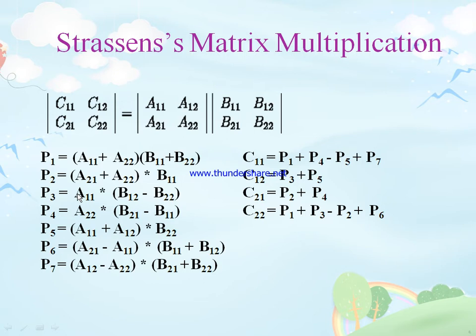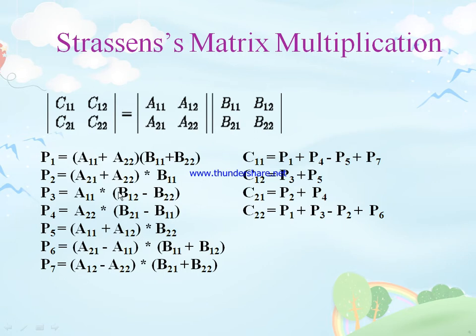P3 equals A11 into B12 minus B22. P4 equals A22 into B21 minus B11. And P5 equals A11 plus A12 into B22.